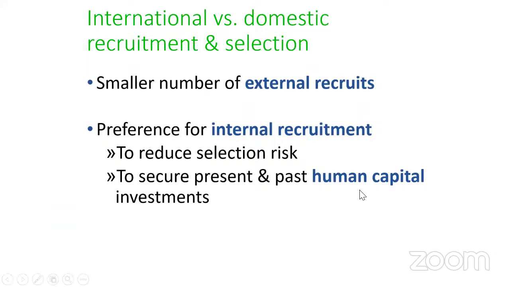Now we shall discuss recruitment and selection. The first one is the smaller number of external recruits, preference for internal recruits, and how to reduce selection risk to secure present and past human capital investment.